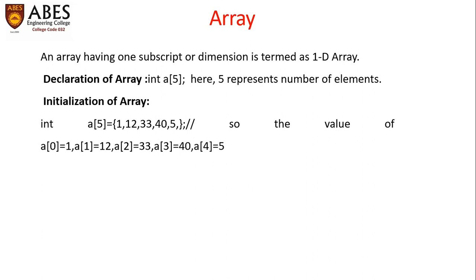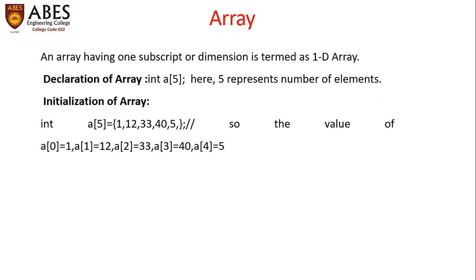How do the values get added or stored in an array? The indexing starts from 0. The first element is stored at the 0th index. Similarly, the last element is stored at index size minus 1.